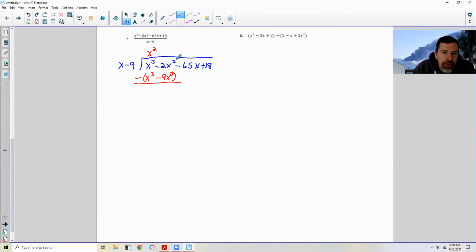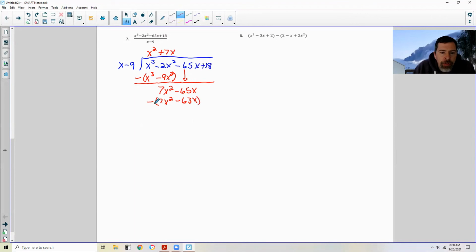Negative 2x squared minus a negative is plus. Negative 2 plus 9 is 7x squared. Bring down the negative 65x or minus 65x. I need a 7, I need an x, so that's going to be plus 7x. 7x times x is 7x squared. 7 times a negative 9 is negative 63x.